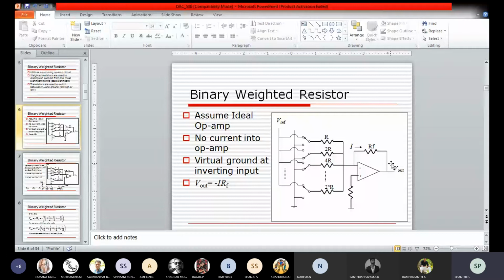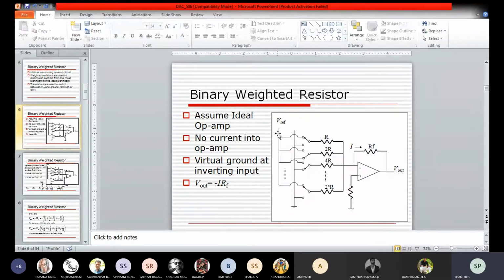Okay, here feedback resistance RF is connected between output and input. Okay, here V reference voltage is fed to the inverting input terminal. Here a toggling switch is available.